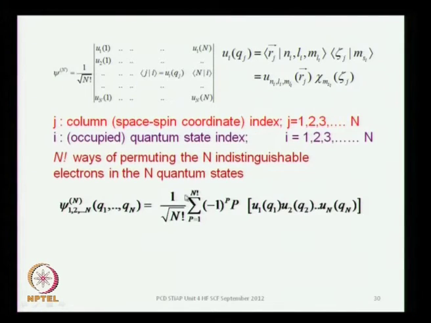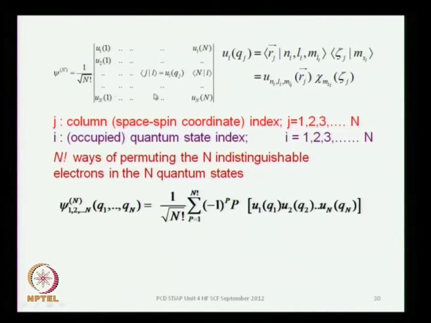But every time you permute, every time there is one interchange, you will have a change of sign. So, depending on the number of interchanges which go into a permutation, you will have a (-1) to the power p phase factor, and you must sum over all the permutations, and there are factorial n of them. So, you have to sum over all the permutations for p going from 1 through factorial n.